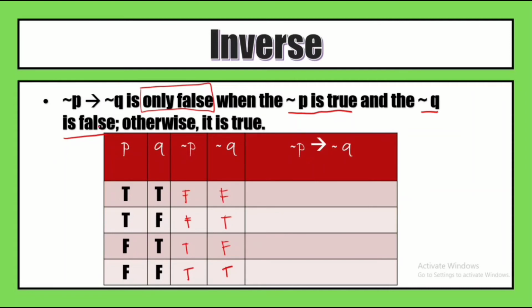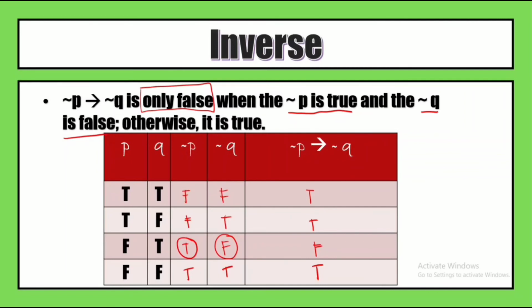So, true si negation of P and false si negation of Q. So, ang isasagot natin dito ay false. Otherwise, it is true. Okay. Again, sa inverse, kailangan muna natin kunin yung mga negation. Negation of the hypothesis or the premise, and the next one is the negation of the conclusion, and then, bago tayo maglagay ng truth table under of the inverse.